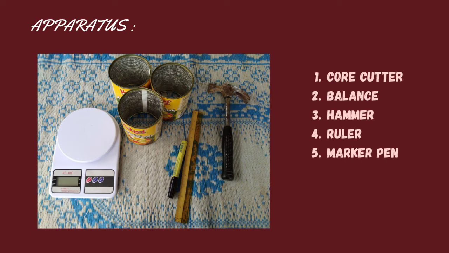Then we need to choose the location to do the test and clean the surface of the field from the grass. Then we need to dig the soil and we need to put the core cutter in with the hammer.